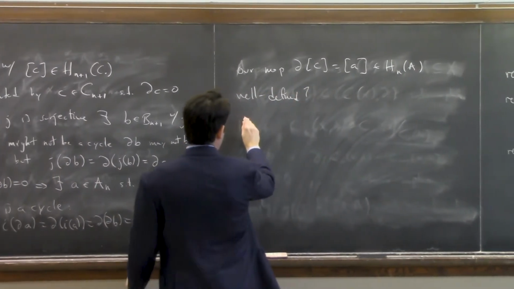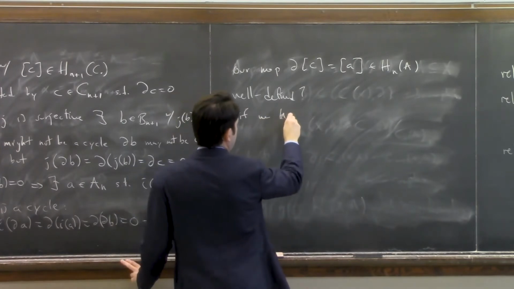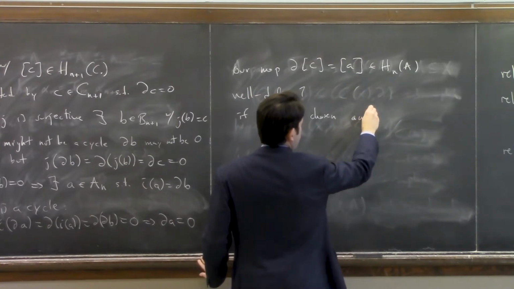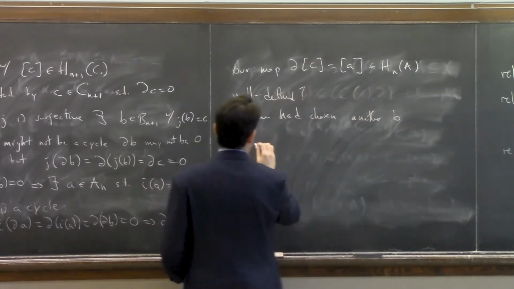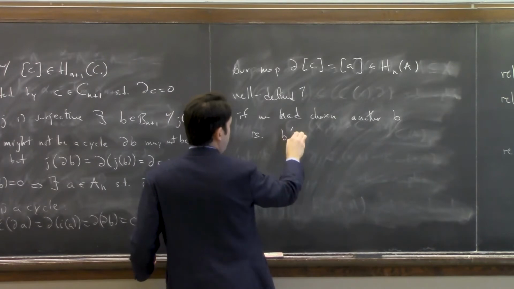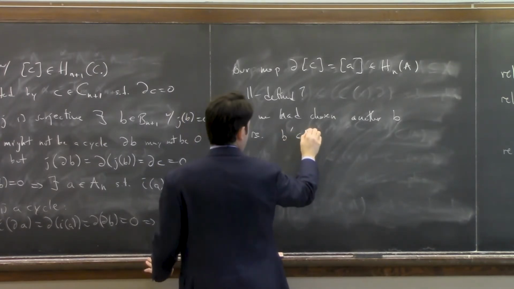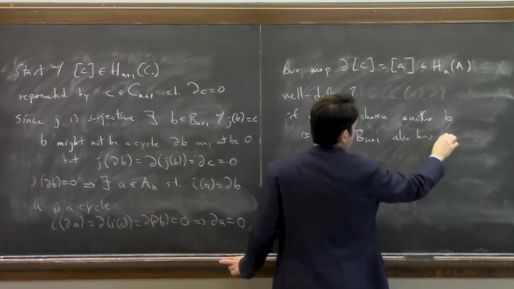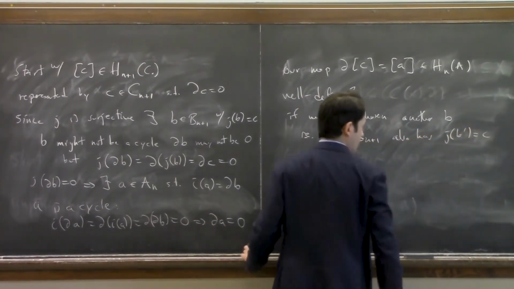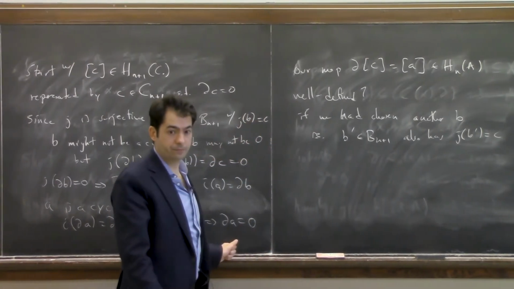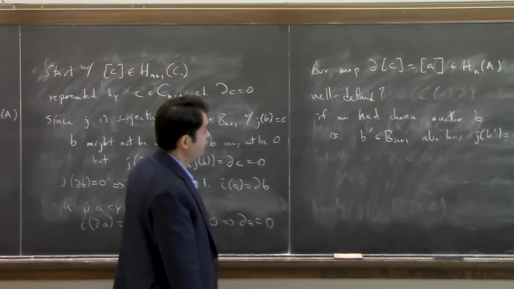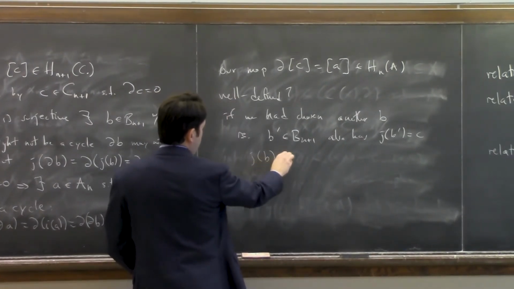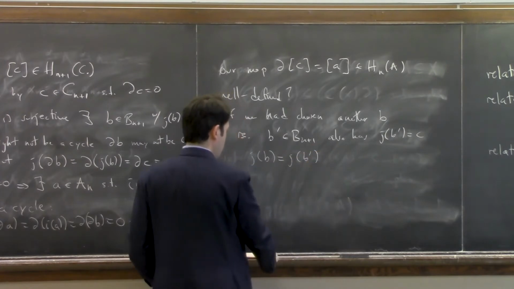So if we had chosen another B, so let's say that B prime in B n plus 1 also has J of B prime equal to C. Okay, so what do we know? We know J of B is equal to J of B prime.